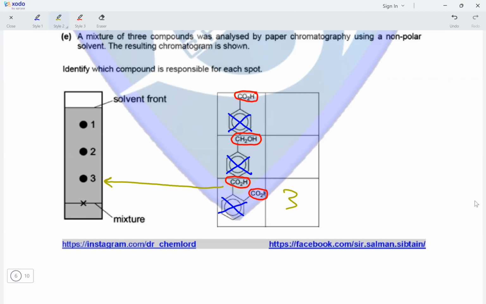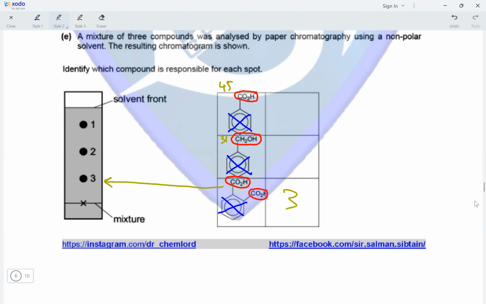So the next thing we need to do is calculate their Mr. So COOH would be 32 for 2 oxygen, plus 12 would be 44, and H 45. And for CH2OH, it would be 16 for oxygen, plus 12, which is 28, and the 12 is for carbon, and then 3 hydrogen, so 31.